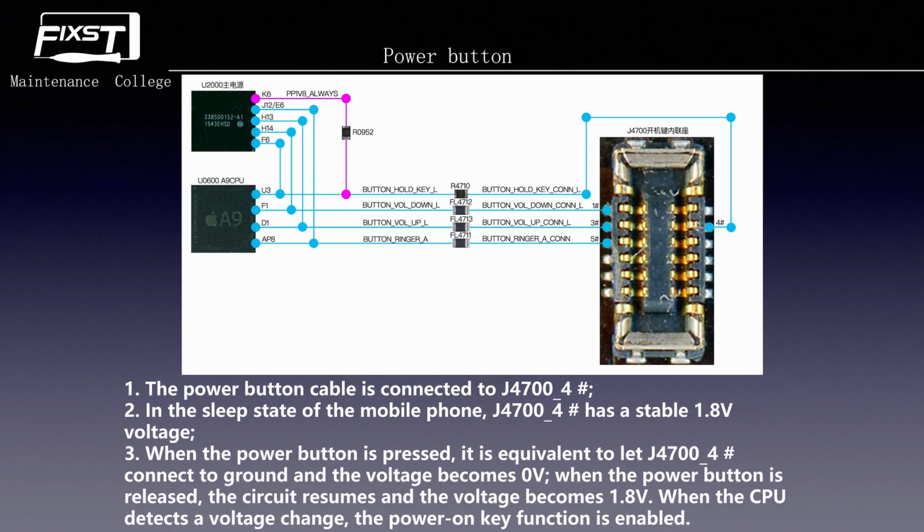And we can see the schematic, you can see the power point J4700, pin 4. As you can see, this button has a hold key connector arrow, and this means that the hold key is the power button. When the phone is in standby or sleep, the power button has a stable 1.8 volts.